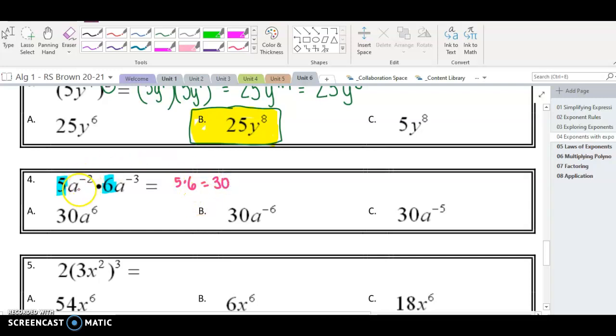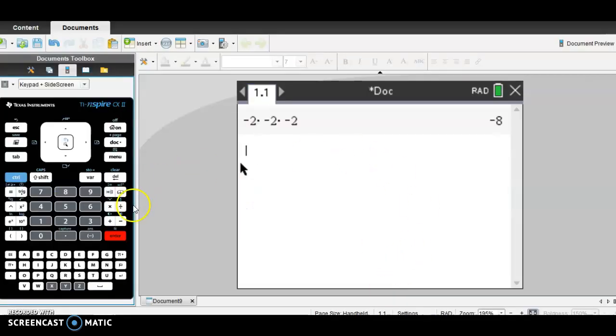All right, so I like the 30. And then I have the same base. I have a to the negative 2 times a to the negative 3. Well, that means a negative 2 plus a negative 3. So what is a negative 2 plus a negative 3? Well, let's get our calculator out and figure that out.